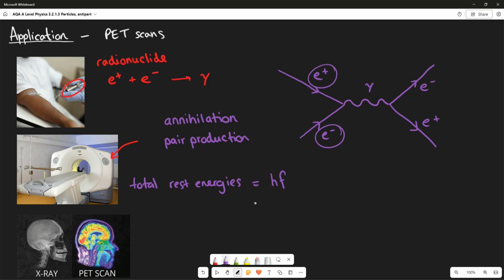And then you can do the reverse with pair production, where you have a photon with E equals hf, and that is going to turn into the rest energies of the particle and the antiparticle that it's going to generate.